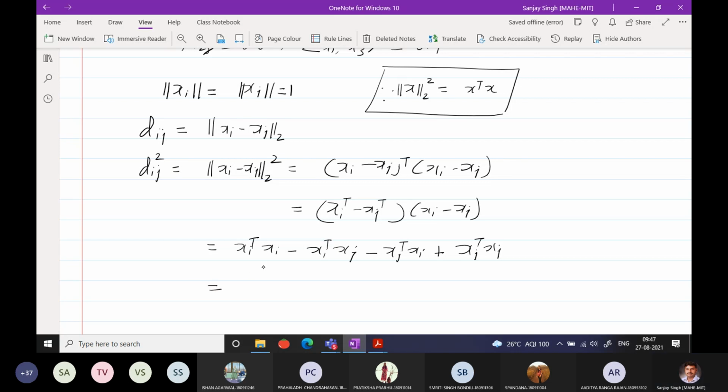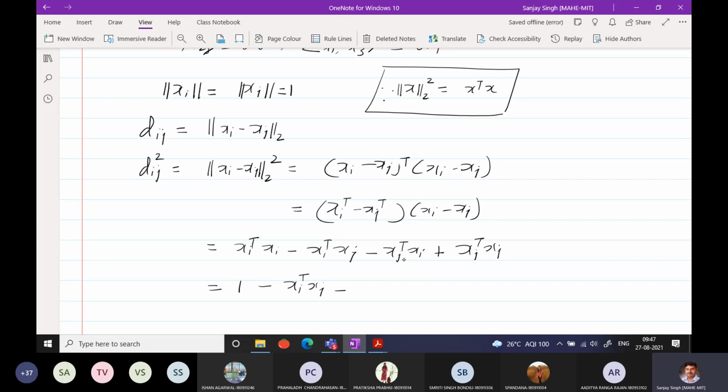Now xit xi becomes basically the amplitude of xi squared. When it's a square, the value will be 1, since it is normalized. This will be 1 minus xit xj, and the other cross term, xjt xi, is the same thing; either I could have swapped this or that, it doesn't matter.